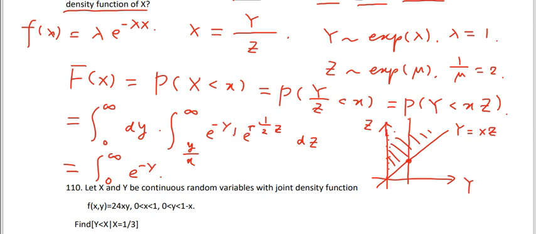I'm sorry, I made a mistake. The coefficient is half, so put half here. Yeah, we have this coefficient, so we put it here.